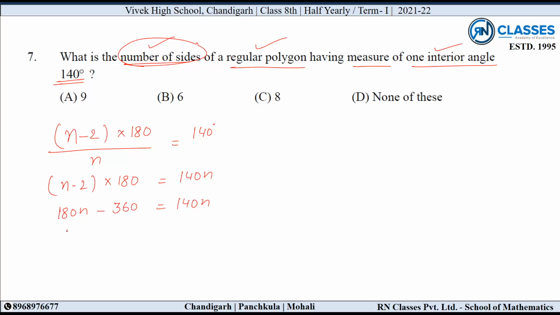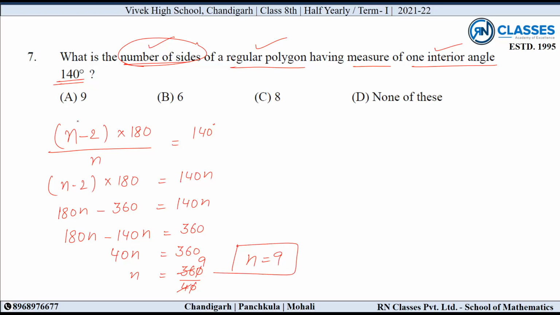Changing sides, plus 140 n becomes minus 140 n on the other side: 180 n minus 140 n is equal to 360. This becomes 40 n is equal to 360. n is equal to 360 by 40. So 0 cancels, 4 9s are 36, n is equal to 9. How many sides are there? 9. Part A is the right one.